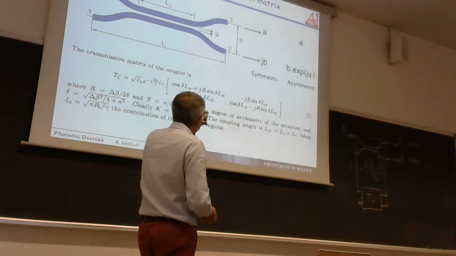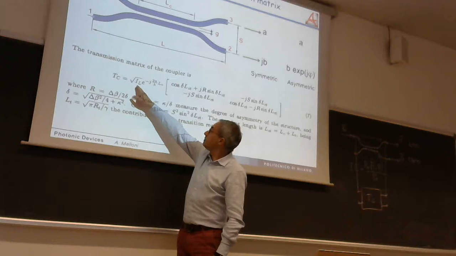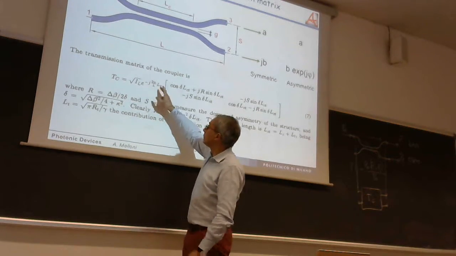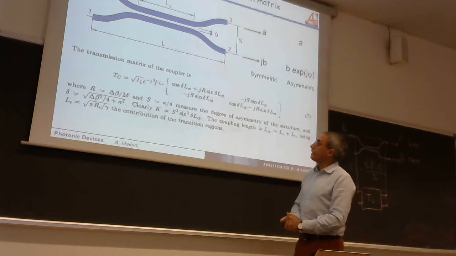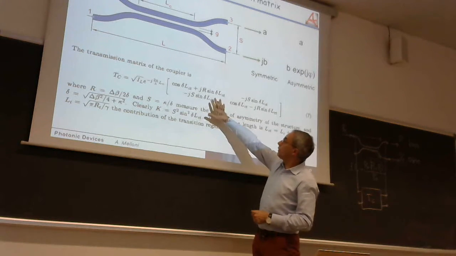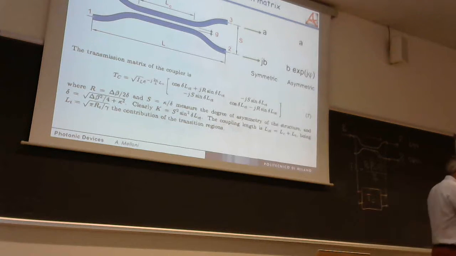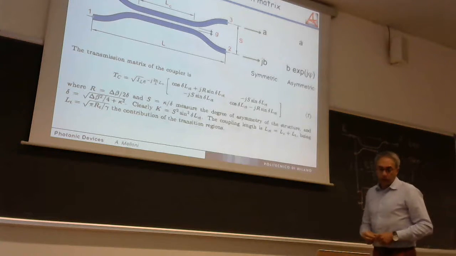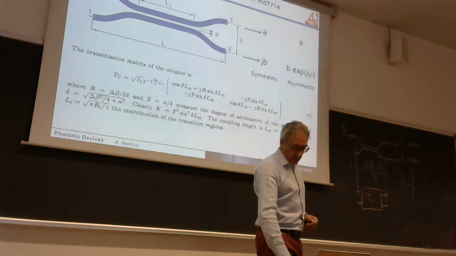This is the complete general expression that takes into account the insertion loss, the phase shift due to the physical length of the coupler, and also the asymmetry of the coupler. This matrix becomes much simpler in case of a symmetric coupler. Let me see if I have... No, I can write.